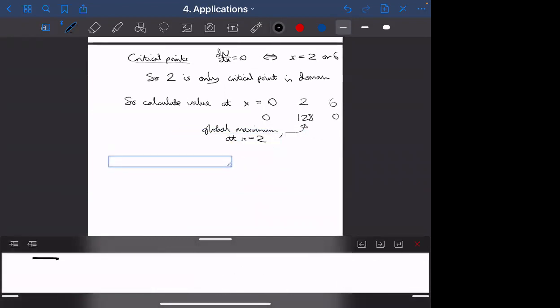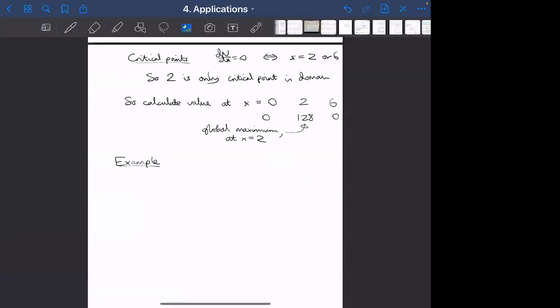So another example. Start with the picture.